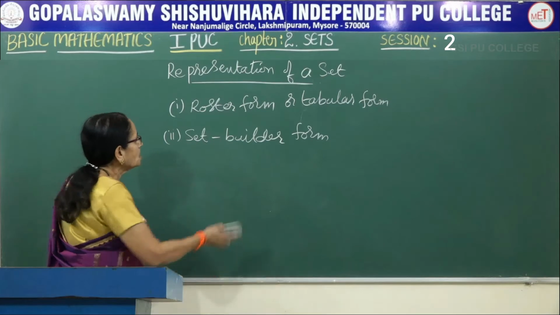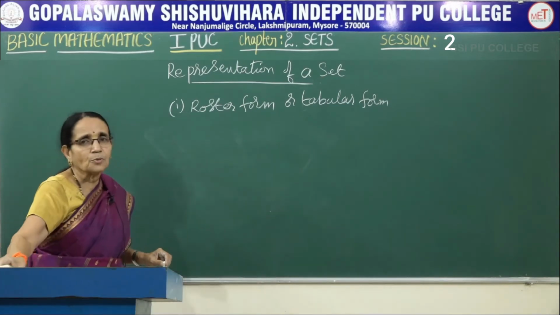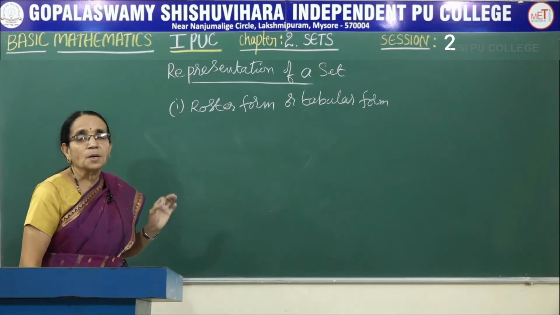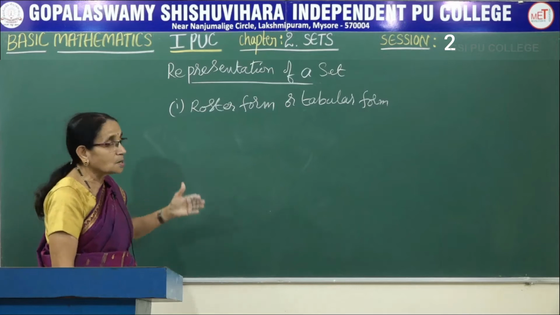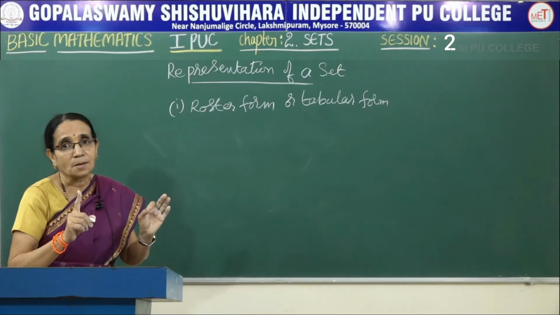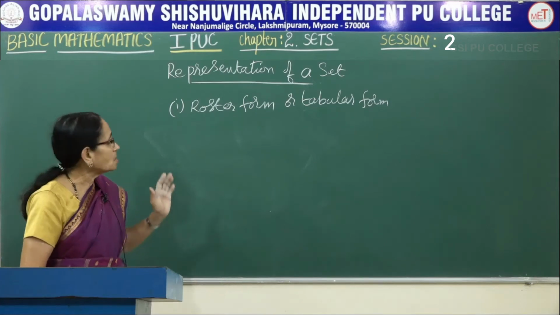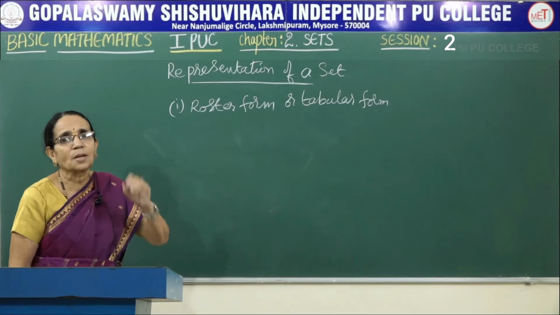First, I will take the roster form or the tabular form. In the roster form, we write the actual elements of the set. All the elements are listed. What do you mean by that? We write the actual elements.